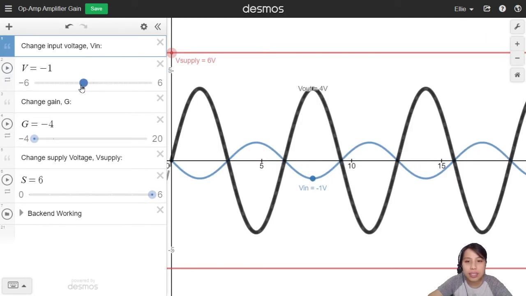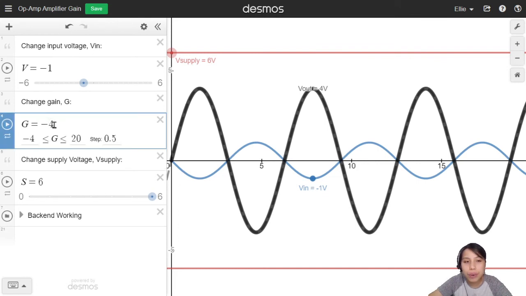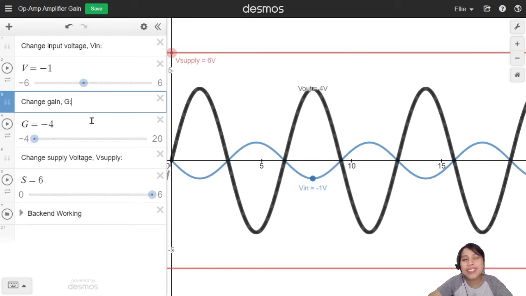So now I send in -1. My gain is -4, so my output will be -1 times -4, which is 4. Negative times negative. So 4 times bigger, but inverted. That's what a gain is. You just multiply by how much, and that's your output.